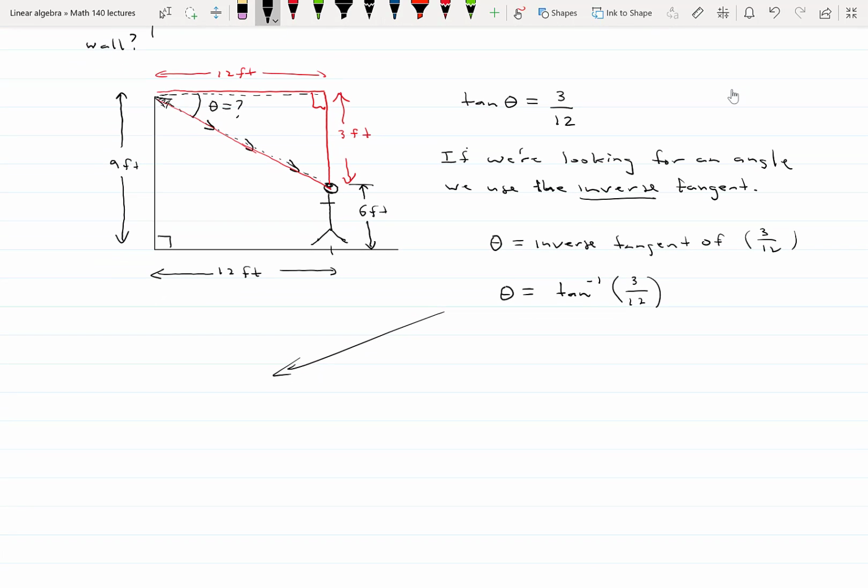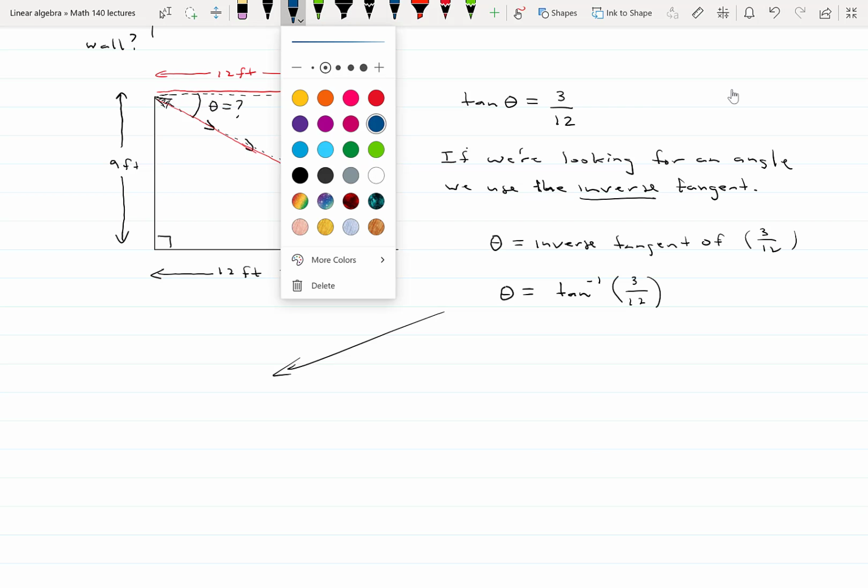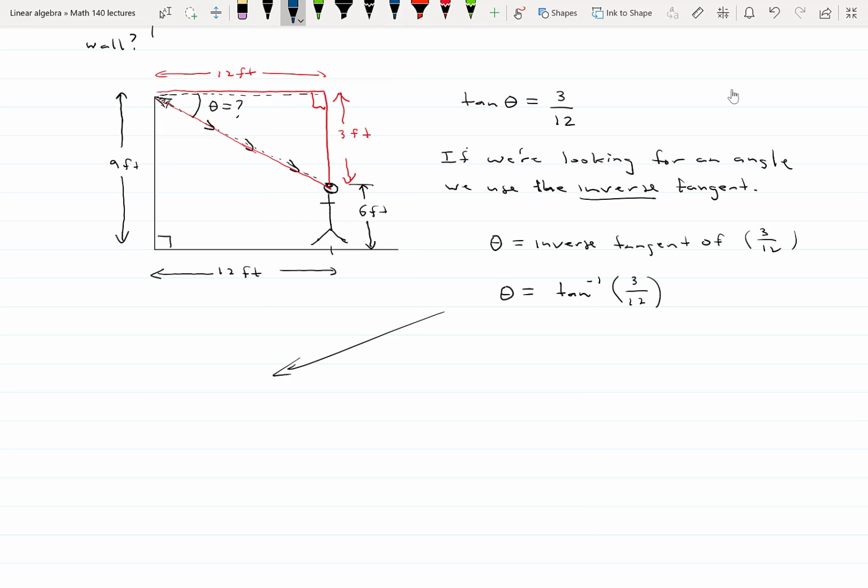So if you check out your calculator, let me go to blue here. Your calculator has the buttons sine, cosine, and tangent. Above those buttons on your calculator is printed inverse sine, not 1 over sine, that would be cosecant.